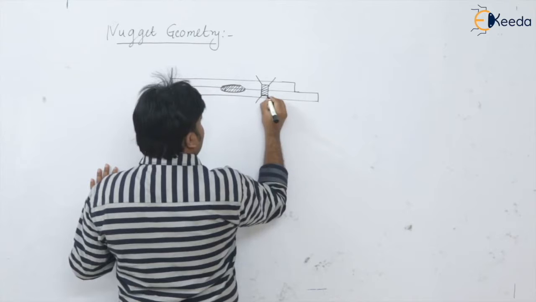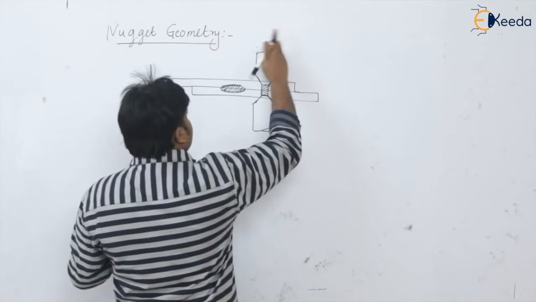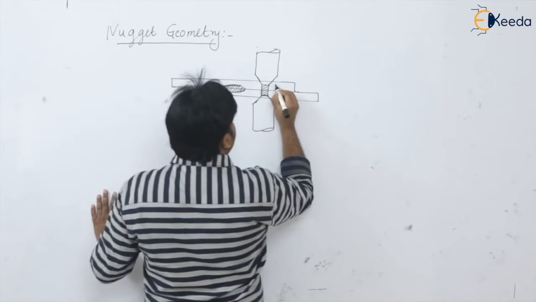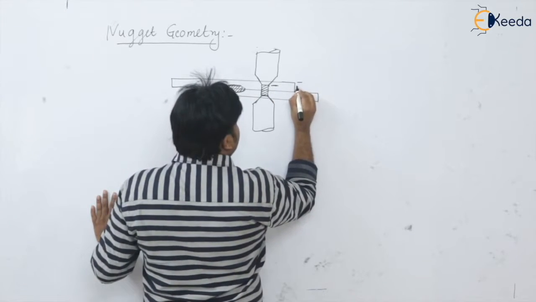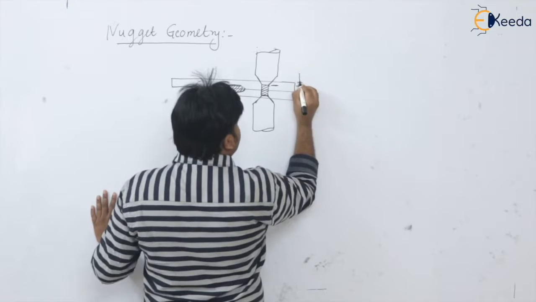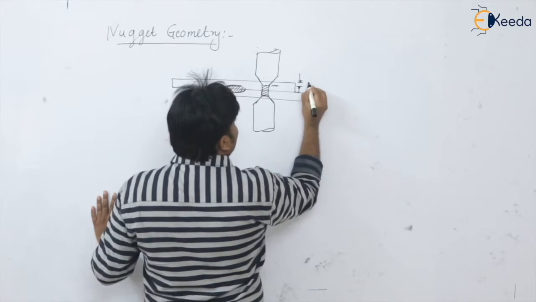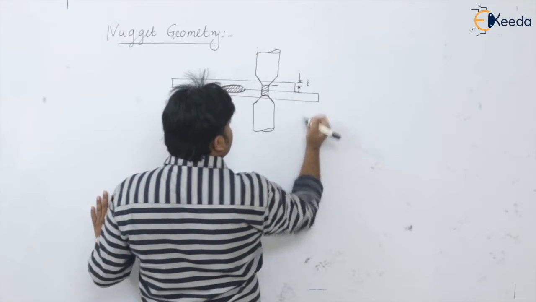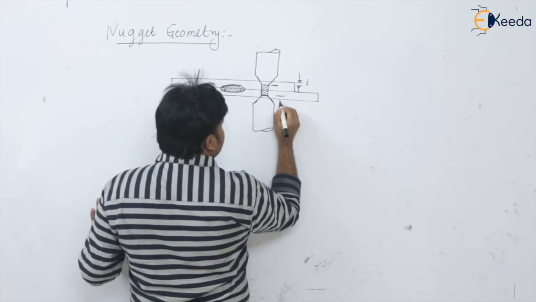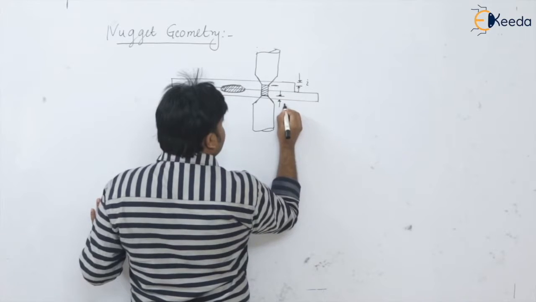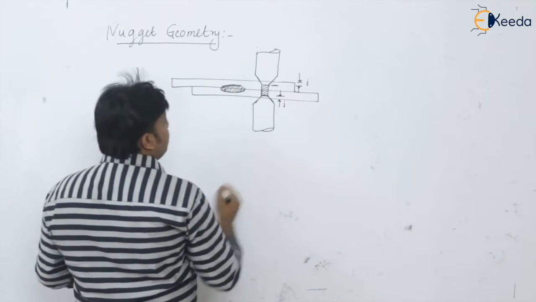This is the electrode. You can see here the electrode tip has some elastic indentation, which is represented by I at both sides. Here also, I is the indentation.